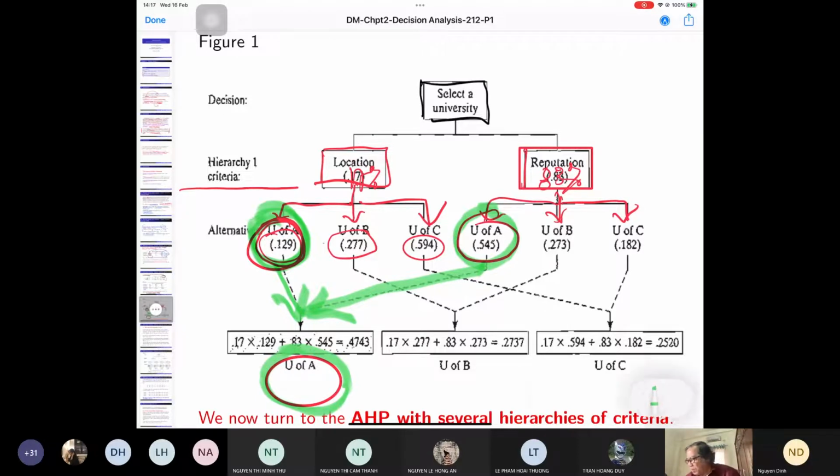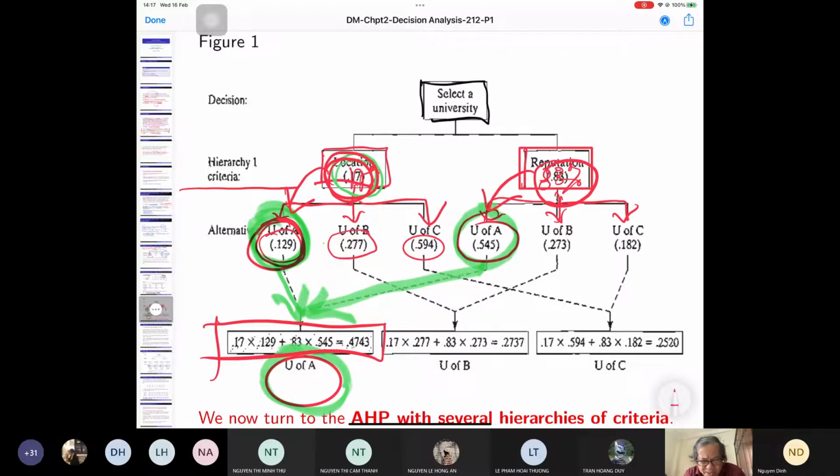But you need to combine with this one, combine with this one. And then you get this thing. That is the composite weight of A.